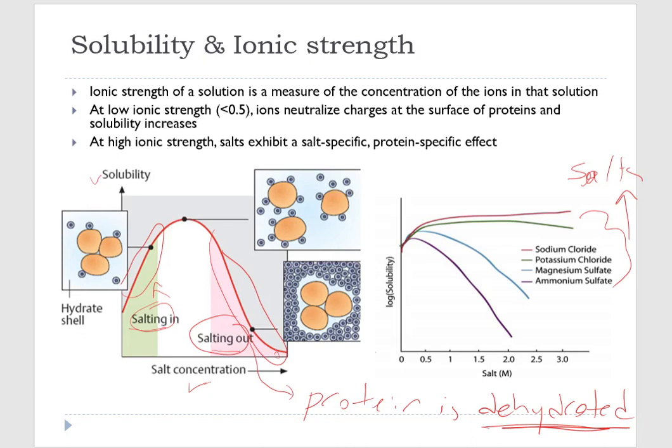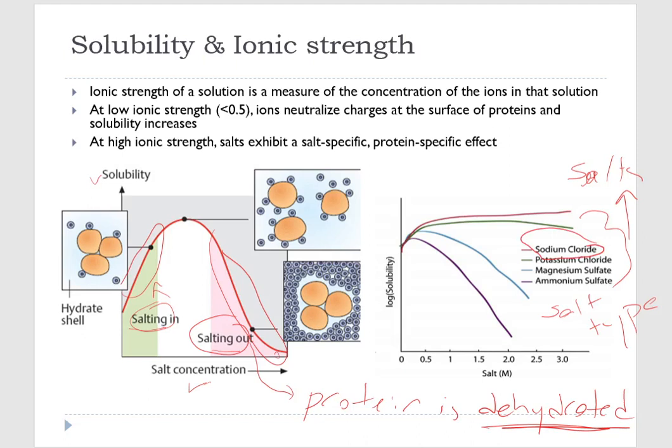Okay, this protein solubility also depends on salt type. Here, there are different types of salt. They can be used for different purposes. For example, if you want an improved solubility, you can use sodium chloride to salt in your protein.